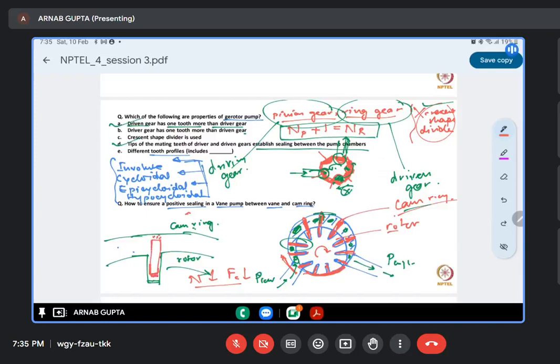So there will be some gap here that will allow the pressurized liquid to travel from here to this point. And this is what will account for the QL, or the loss component.